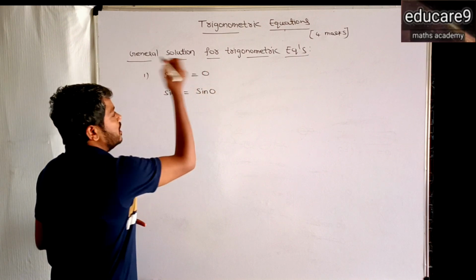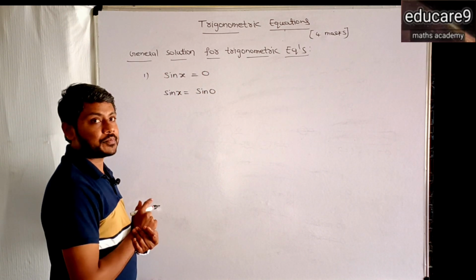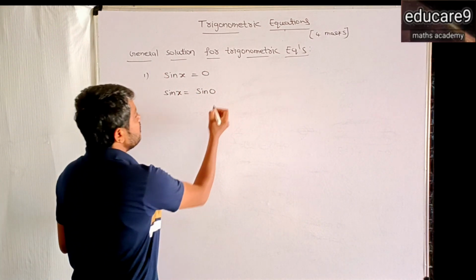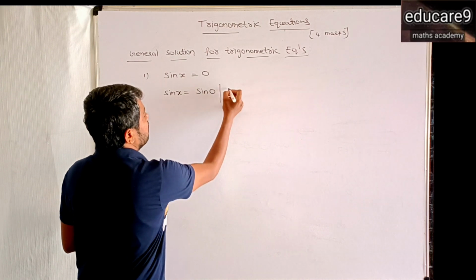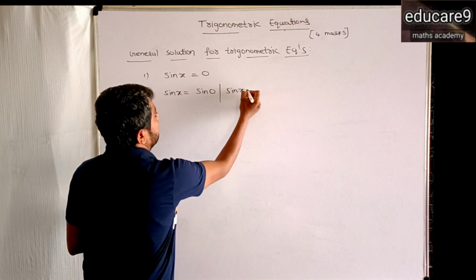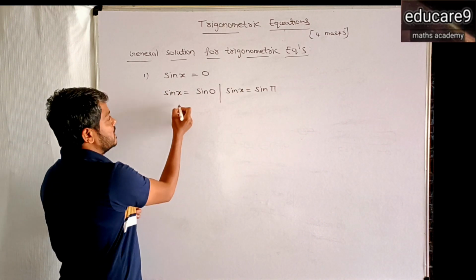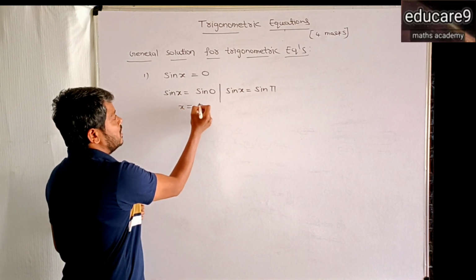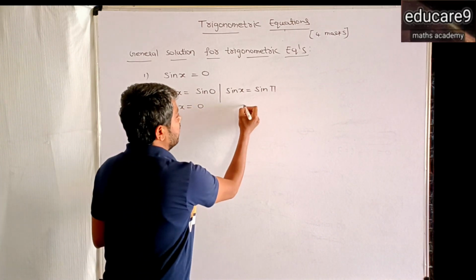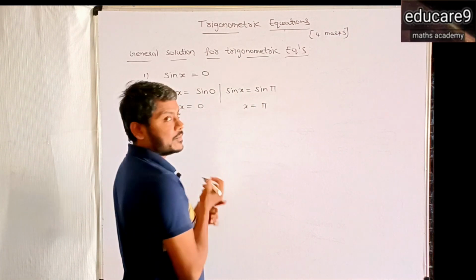in terms of sin, that is sin 0. Next, again sin x is equal to what? sin pi. This means here x is equal to 0. Here x is equal to pi.